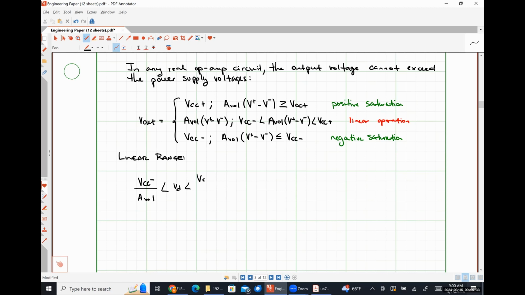And then VCC plus divided by our open loop gain tells us the largest signal that we could possibly amplify. And so all of our allowable input voltages are between those two extremes.